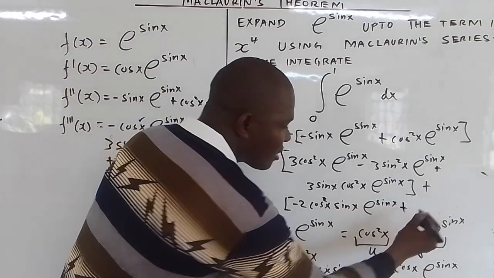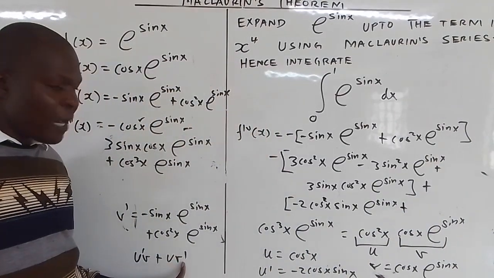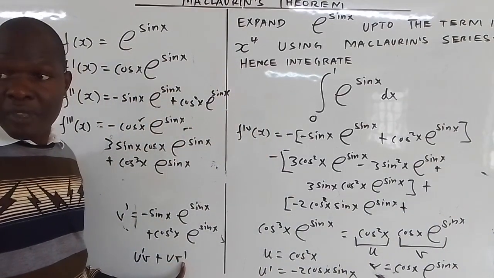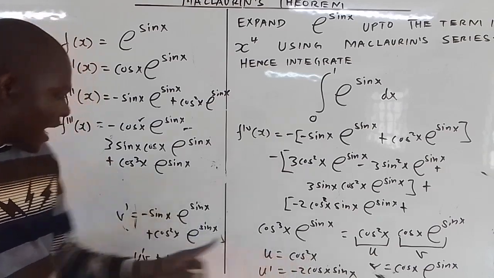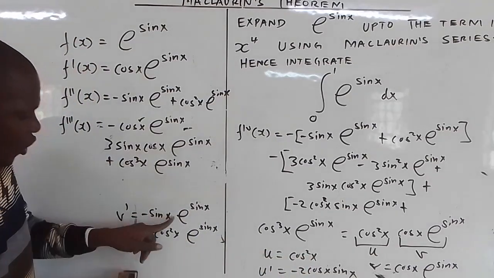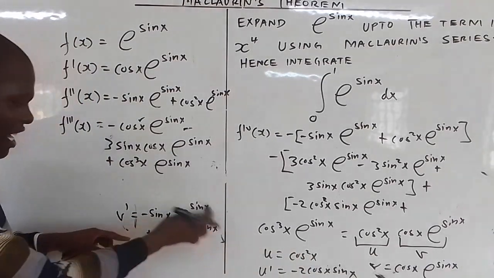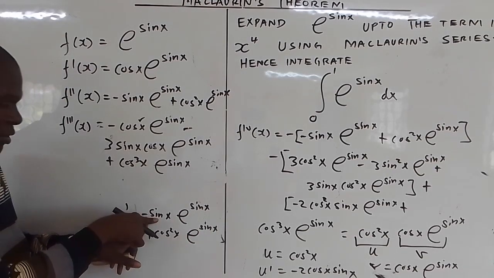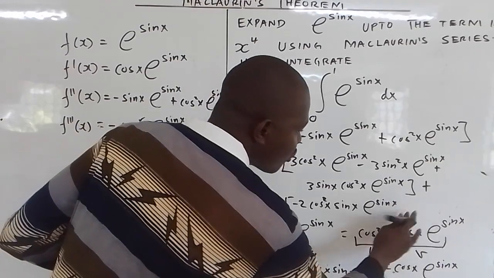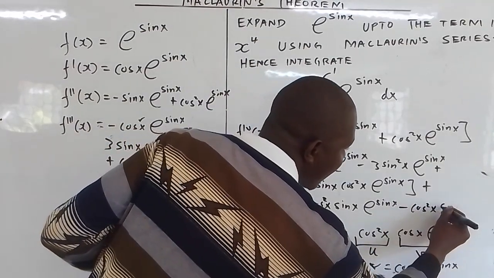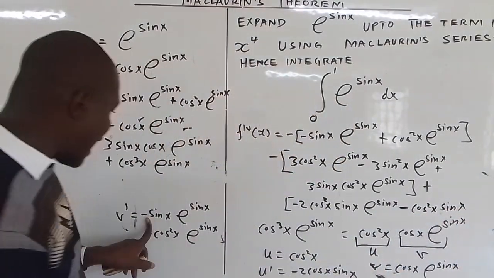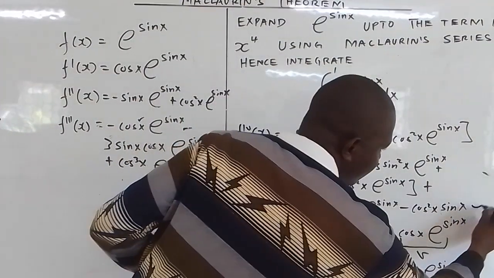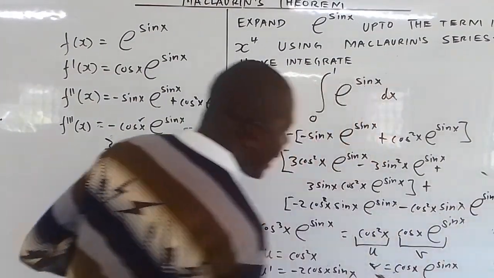Then it is plus uv prime, isn't it? U is cos squared x, v prime is the whole of this, isn't it? So cos squared x multiplies all the terms here. Are we together? So cos squared x times negative this, it is going to be minus cos squared x sine x exponential sine x. Go on.